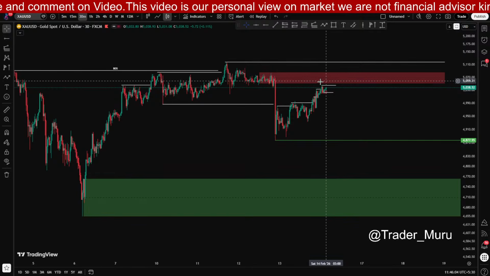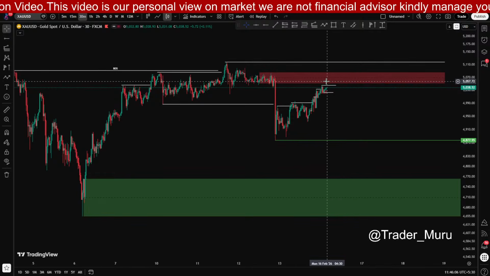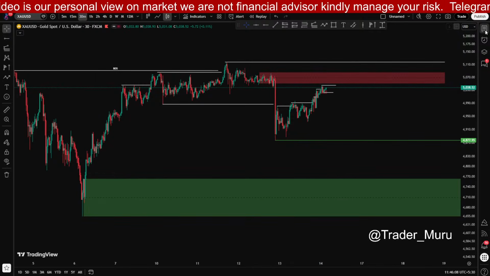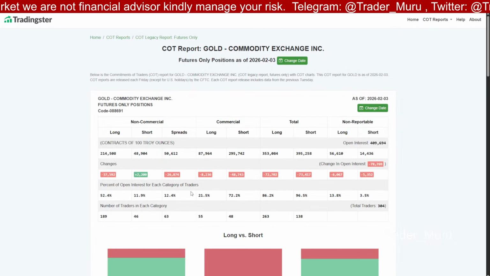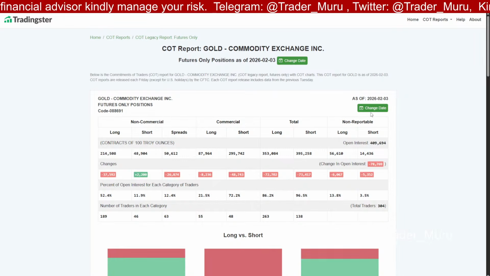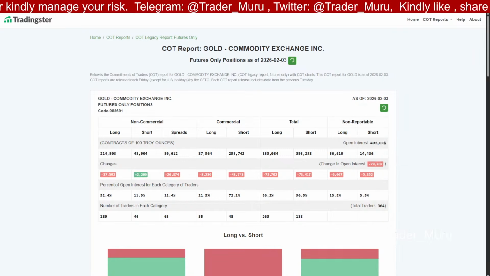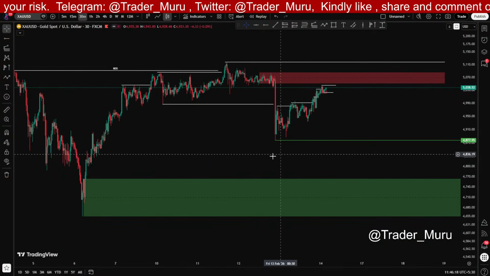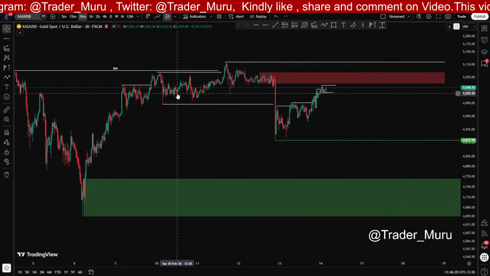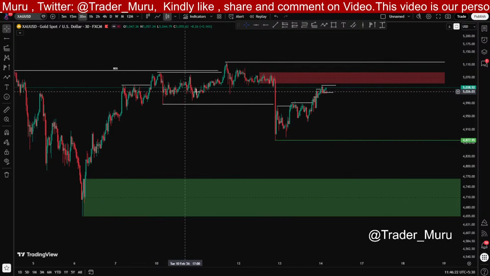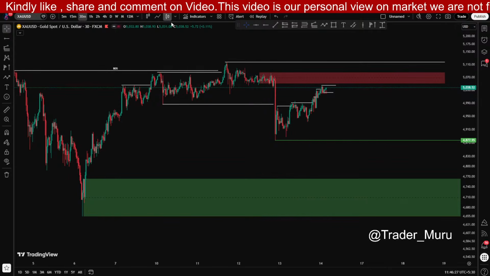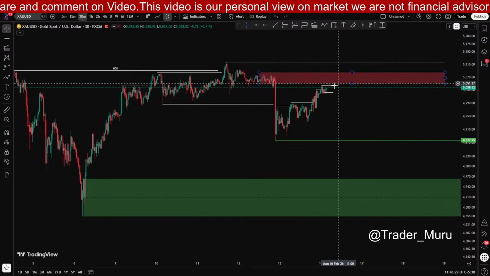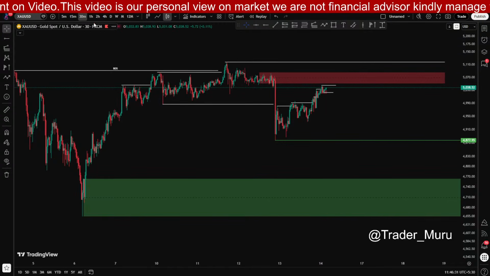Now maybe we will see a more short formation here. COT is very laggy because it updates the data after 1 week, so the move was already happening. See this 10th of February they were adding short, and this was the reaction. I'm expecting it to create more short on these areas.